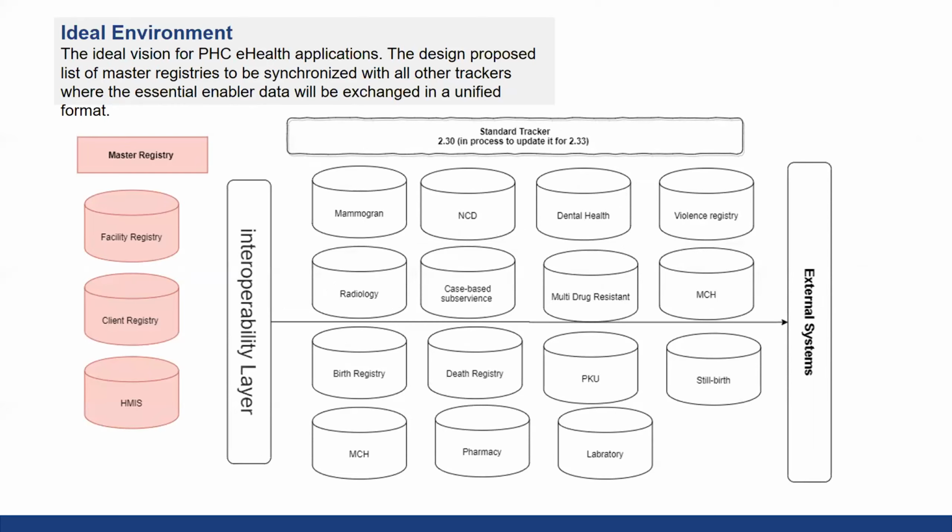We are planning to have three master registries, and we have succeeded in having at least two of them: the facility registry that contains all facilities in primary healthcare, and the HISP one is ready, and now we are working very well on the client registry.